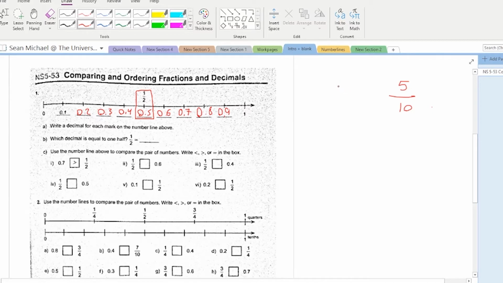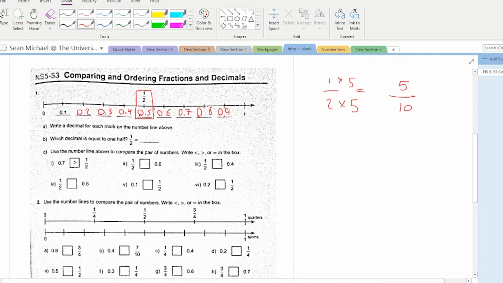So 1 half. How do we make it into 10? We times this by 5, and then we times this by 5. 2 times 5 is 10, and 1 times 5 is 5. So we can see that they are equivalent. This means 1 half, and in decimal form that is 0.5.